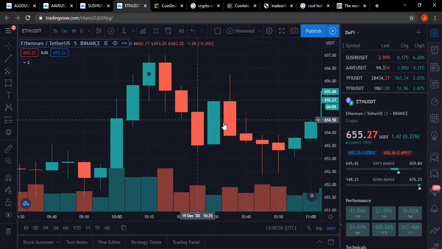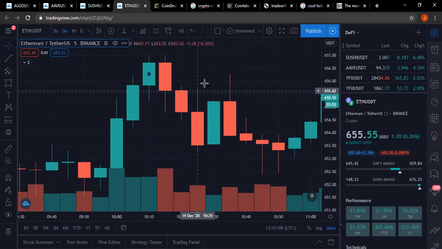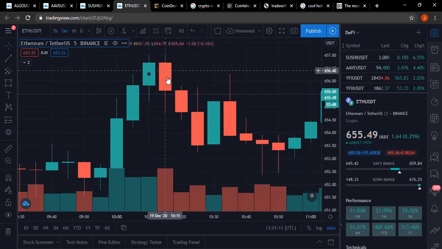What this means is that as a green candle, it opened here at the top and closed here. Whereas for this one, which is bearish, it means that from this point of being bearish, it went down.